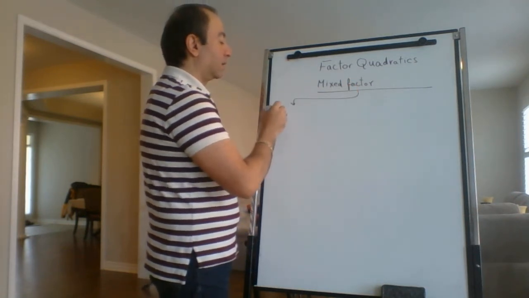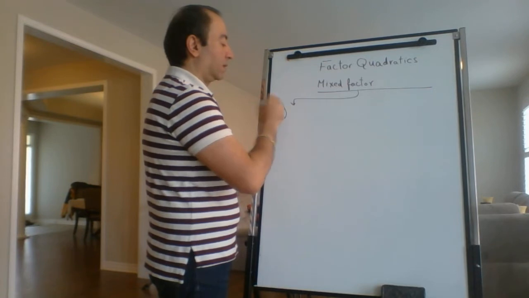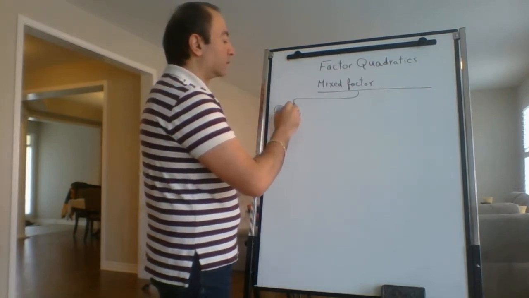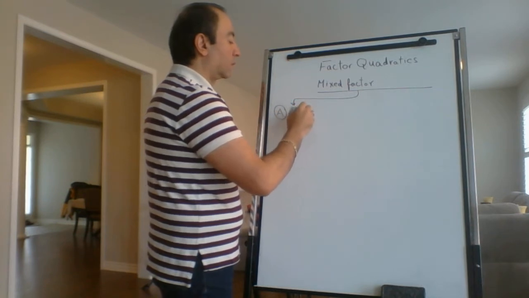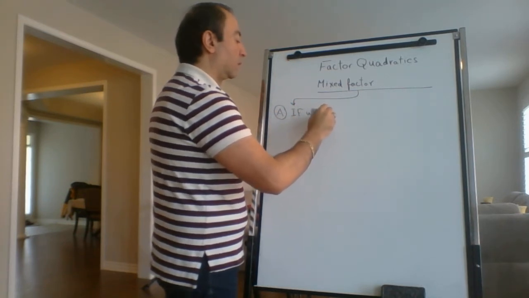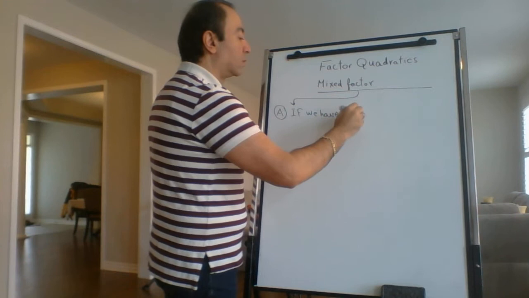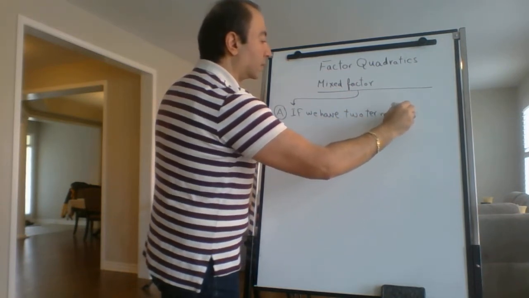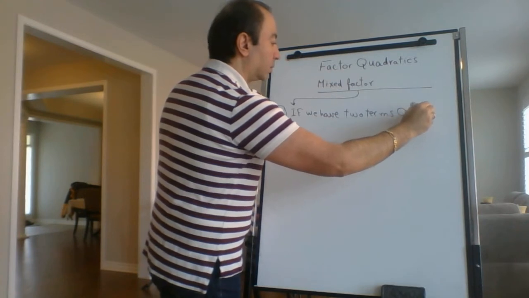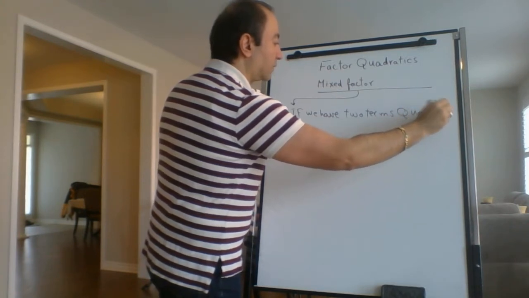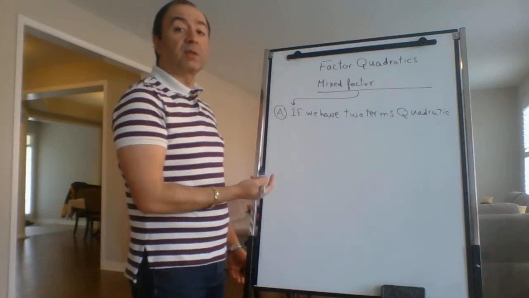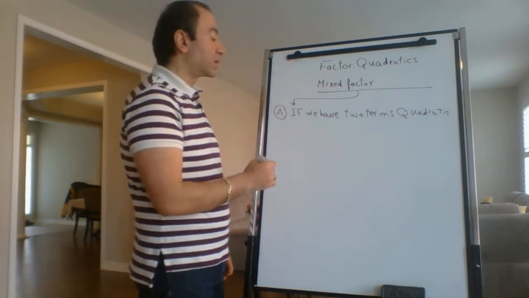on the left side is branch A, which is if we have two-term quadratics. So after we look for common factors, if any, we look: do we have a two-term quadratic or three terms?